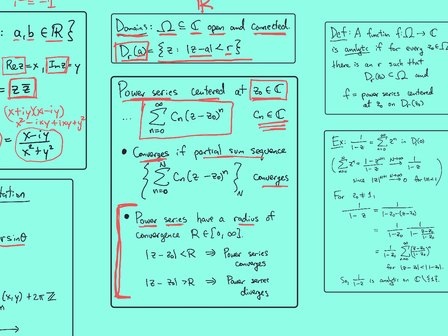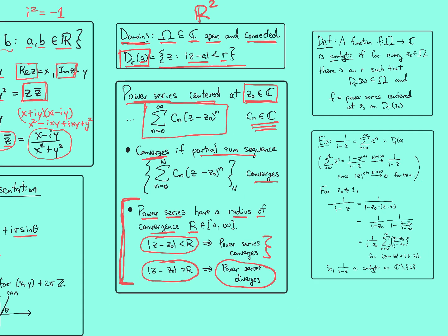So power series have a radius of convergence r, which could be 0 and could be infinity, where for z's within r of z0, the power series converges, and if you're outside this disk, the power series diverges. We'll get into the reasons for this a little later, but it's good to preview this idea that power series make sense on a disk, and so you have to treat them as living on a disk centered at the point you're talking about.